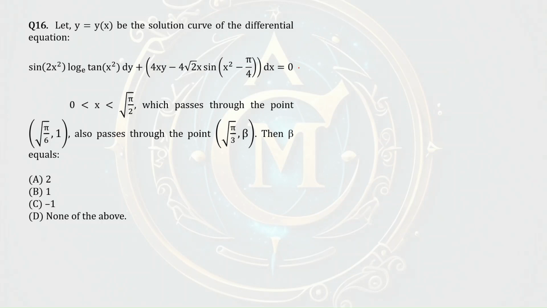So first we have to solve this equation. So first we need to identify the form of the differential equation. Here we cannot make this a variable separable form because here x and y are multiplied together. So we have to try to reduce it to any other form.